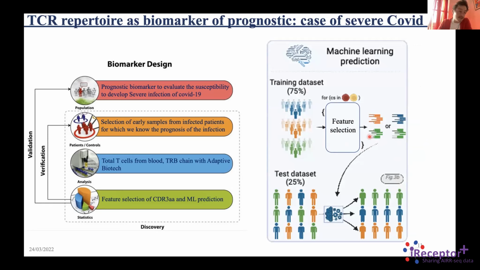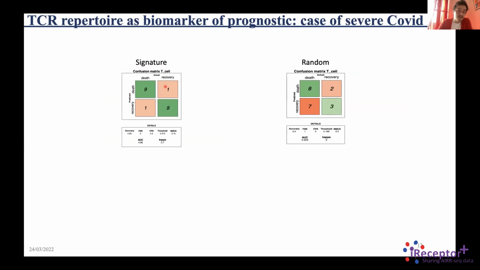And we try to classify the remaining 25% of the data set. And here, these are just two examples of a prediction result in the confusion matrix. And we observe that with the signature, we are able to classify with a good accuracy patients that died from the infection compared with those that recovered from the infection.